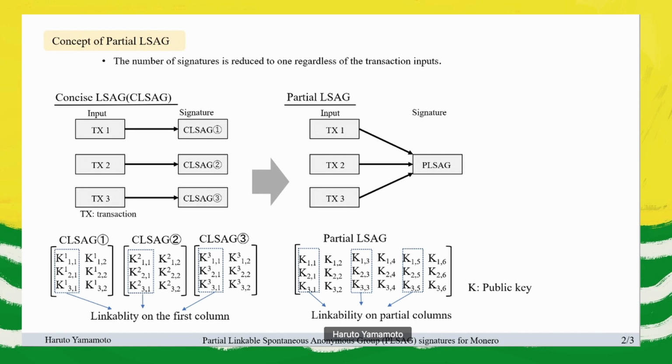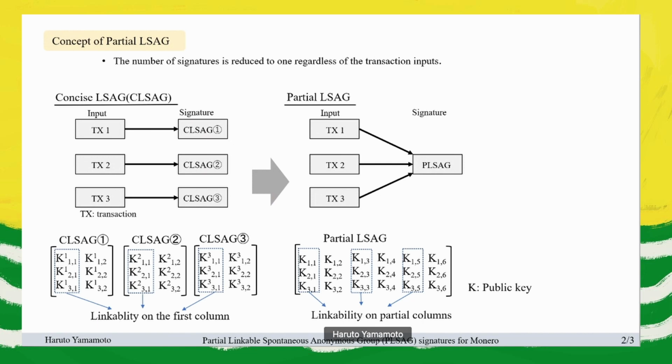One problem is that the current Monero signature requires the same number of signatures as the number of transaction inputs. Considering a simple example, if there are 3 transaction inputs, 3 CLSAG signatures are required, and the signature size increases linearly.